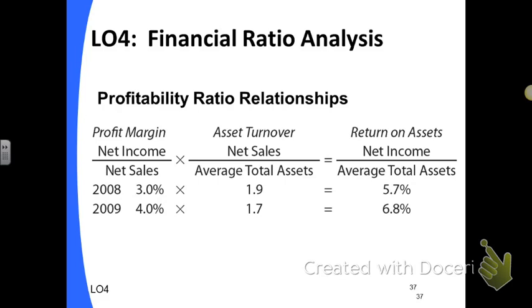So one thing we need to keep in mind when we're analyzing our profitability, that first ratio that we were looking at, is we don't want to only look at profitability in isolation for this particular reason, because sometimes our profitability includes what we call one-time items, and we've talked about these before.